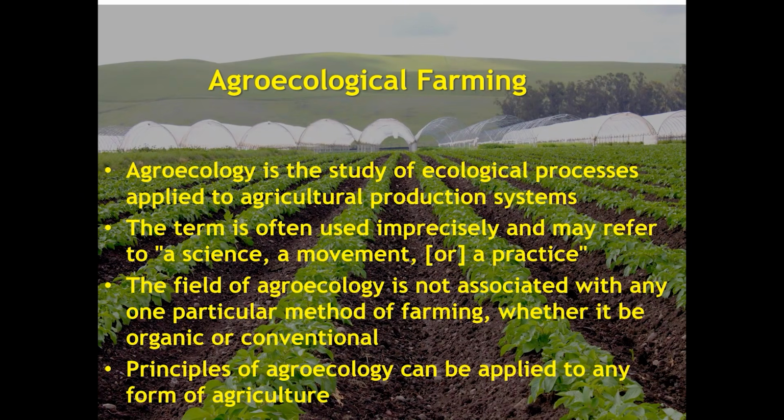So literature also says that the field of agroecology is not associated with any one particular method of farming, whether it be organic or conventional, and the principles of agroecology can be applied to any form of agriculture. So they don't have any organic standards, or the certification standards, to be more specific.